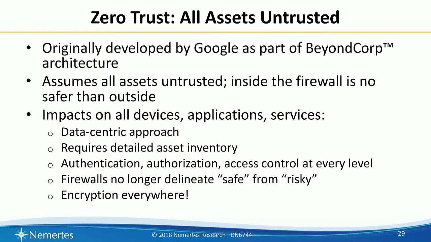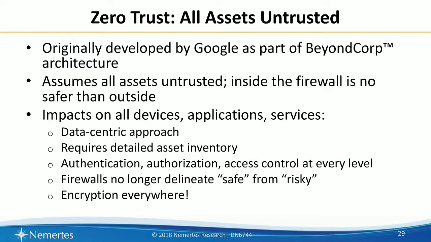In this kind of an environment, our traditional delimiters of security, which have been firewalls typically, no longer define boundaries. They're there as tools for filtering traffic, and they still fulfill a role in that regard, but they don't partition the world into risky and safe zones anymore.